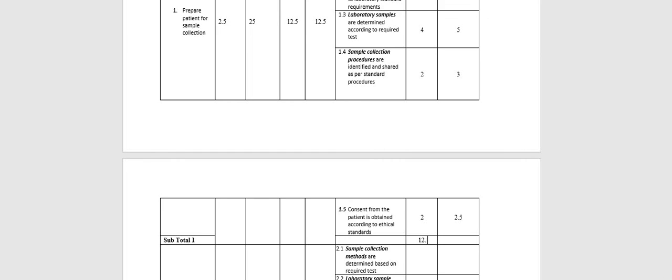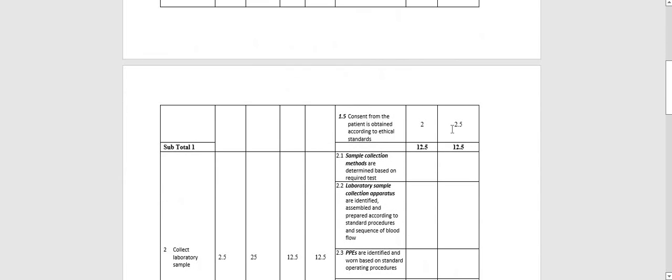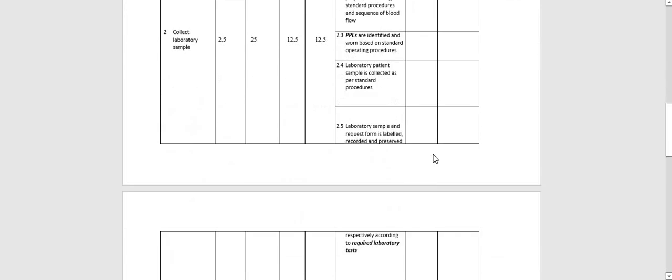Okay, so then it's 12.5. Just bold it. Then here is also 12.5. So you can see your ratio 1-to-1 is now observed. So you've distributed all these so nicely in each and every task. So you do all that for all these tasks for each element.